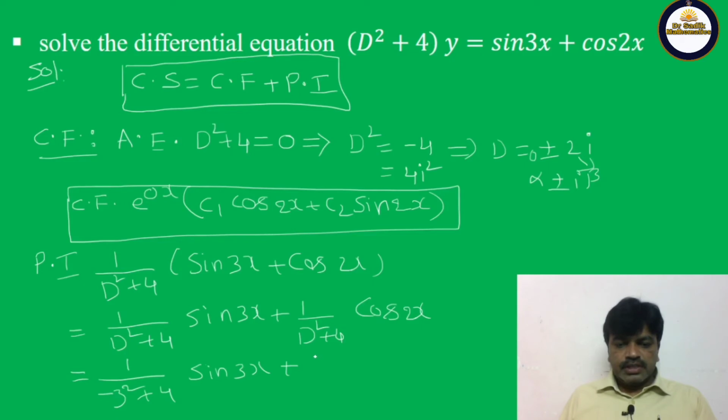So in this case, you write x here divided by the differentiated denominator with respect to D. So we get here 2D, derivative of constant is 0. So we get only 2D into cos 2x. Now here minus 3 square means we get minus 9 plus 4, minus 5 sin 3x.